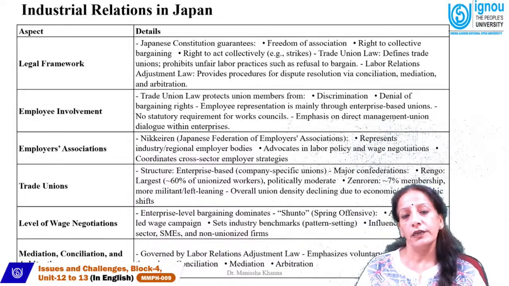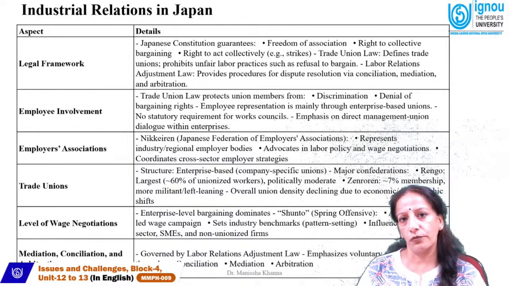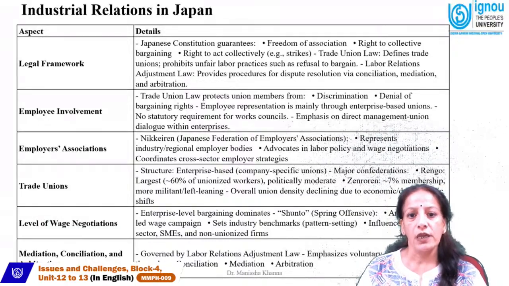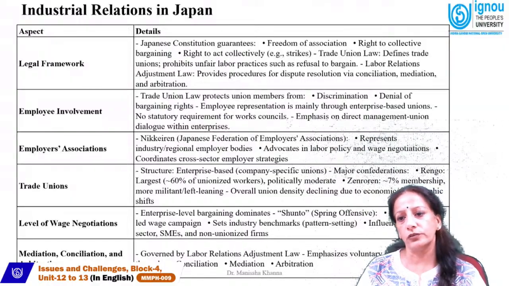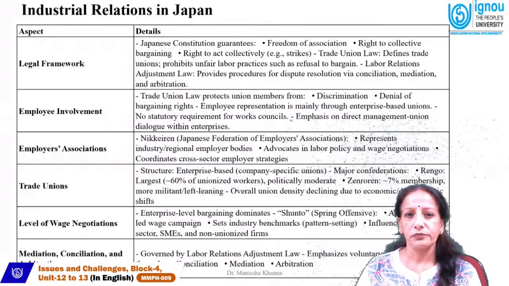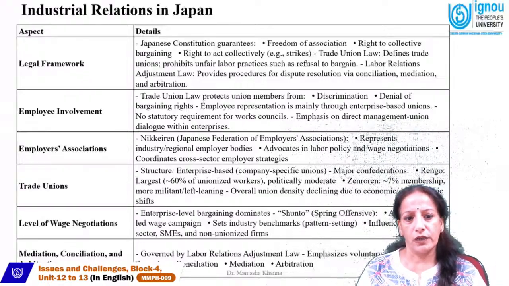But when we look at employee involvement, the trade union law protects members from discrimination and denial of bargaining rights. Employee representation is mainly through enterprise unions. There is no statutory requirement for works councils. They emphasize direct management-union dialogue within the enterprises.